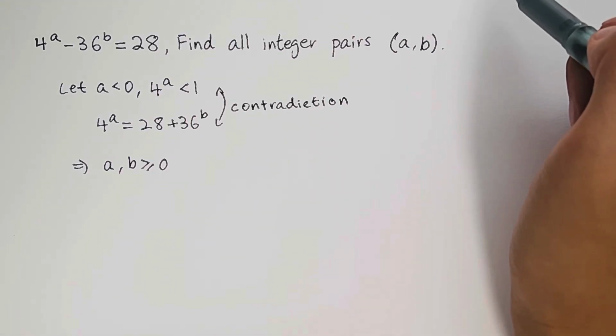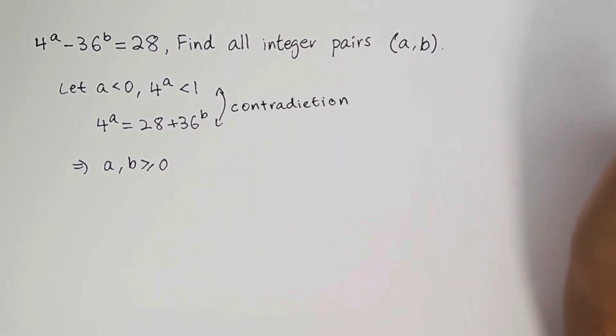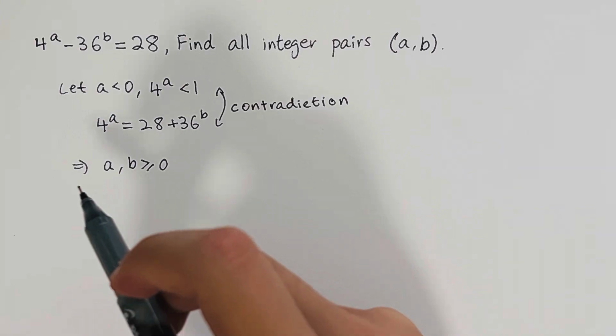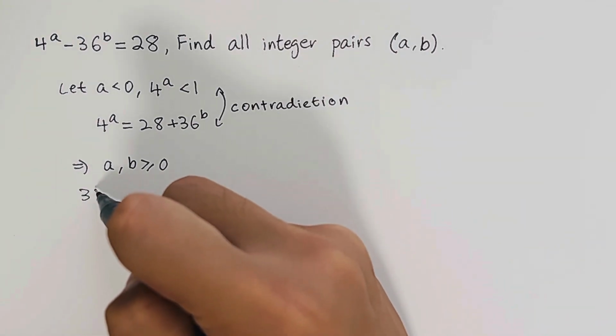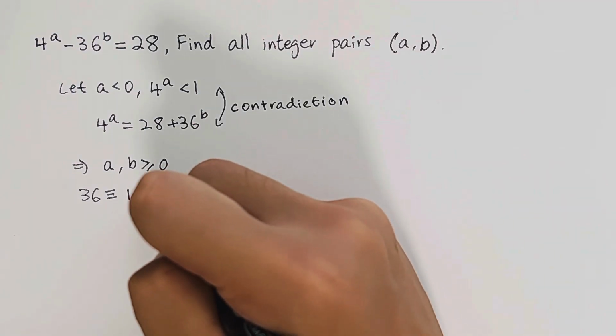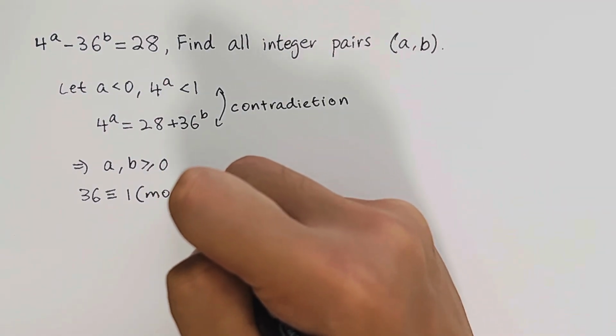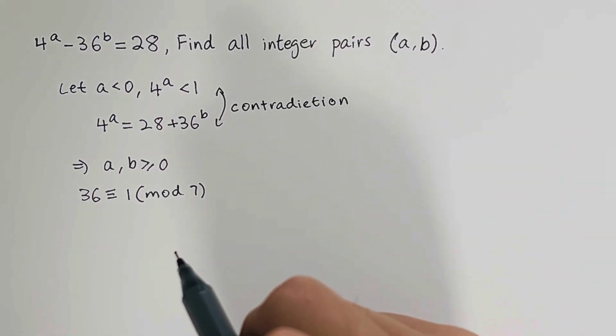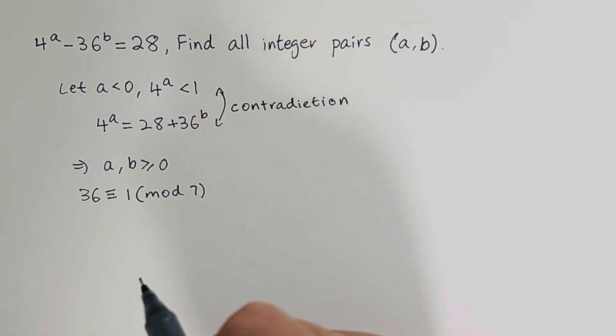Now, I will use modular arithmetic to constrain the shape of a. We can reduce the equation modulo 7. Now, we know that 36 is congruent to 1 mod 7, which just means that when 36 is divided by 7, the remainder is 1.